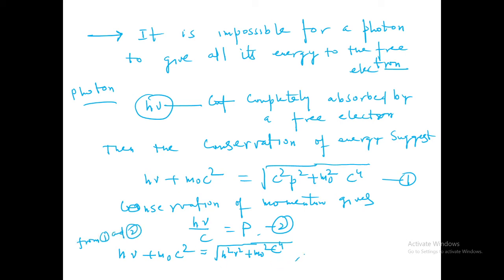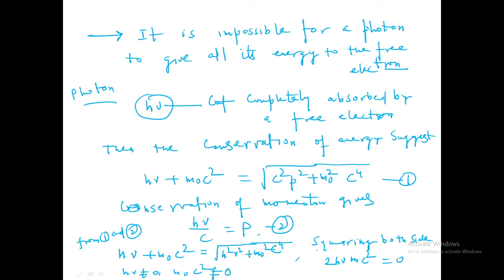So squaring both sides and simplifying, we get 2h nu m naught c square is equal to 0, which is absurd since h nu is not 0 and m naught c square is not 0.